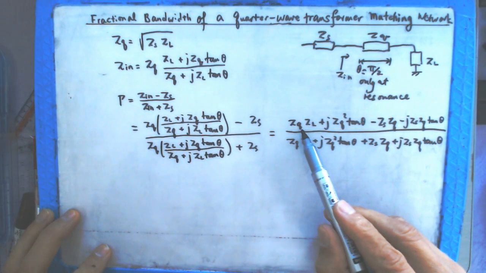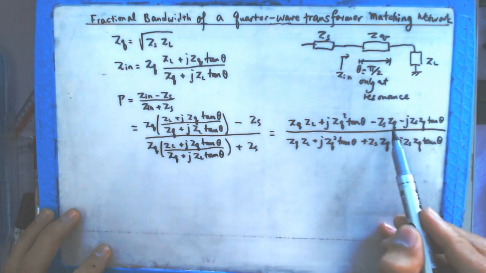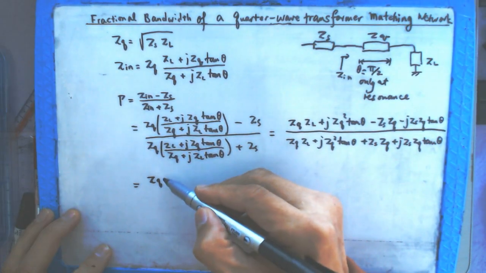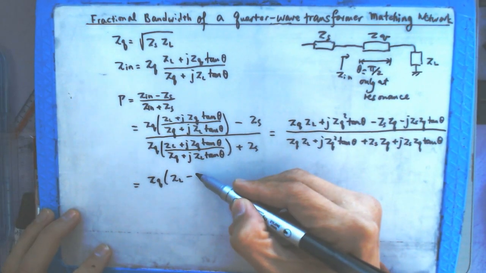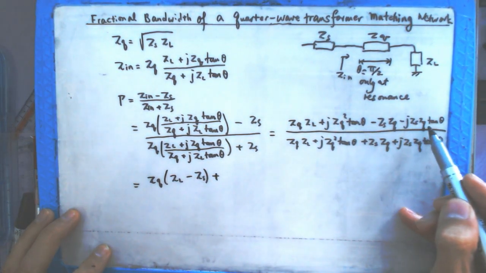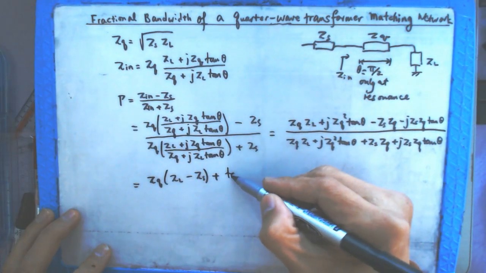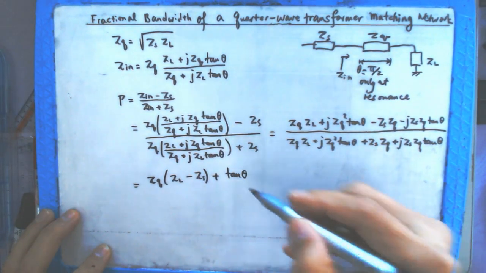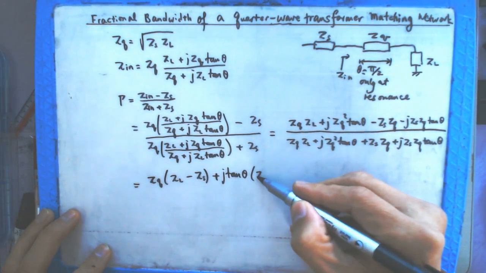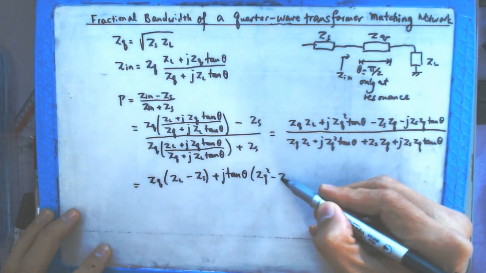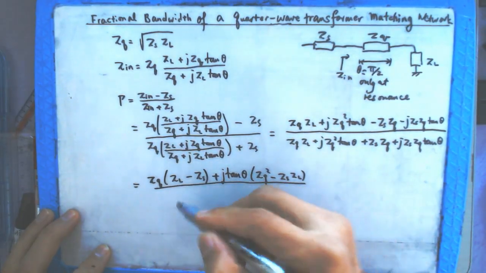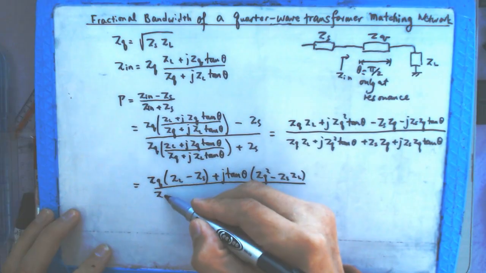For example, this term has ZQ and this one is ZQ, right? So you can group some like terms so that we get this. Similarly, for these two, we can extract the tangent term, and then what we get is this, and similarly at the bottom, we will get this.